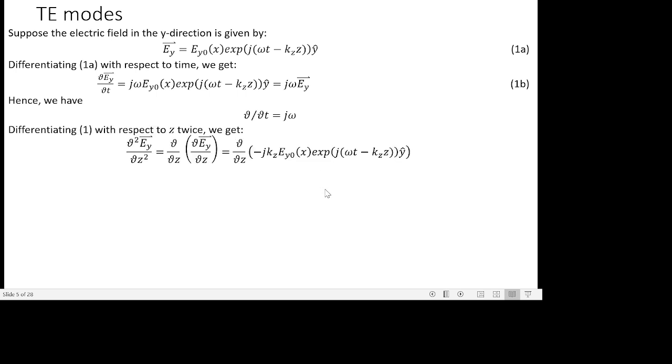If we differentiate equation 1a with respect to time, we will get this one. And as a result, we can assume all the time derivative operators are equal to j omega in phasor form. And similarly, if we differentiate equation 1a with respect to z twice, we will get this one.